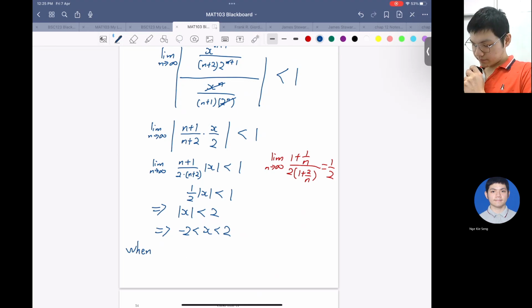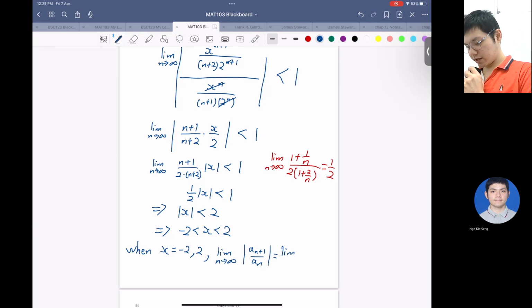When x is equal to minus 2 or 2, the limit of a n plus 1 over a n, which we already checked simplifies to n plus 2 over n plus 1, times x over 2. So if we put in minus 2 or 2, what do we get?